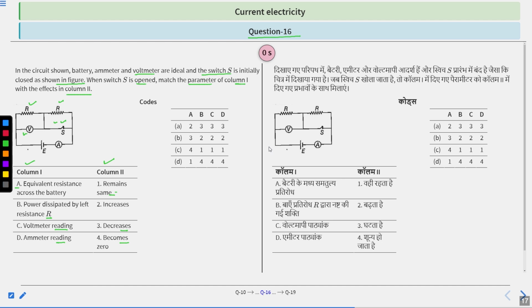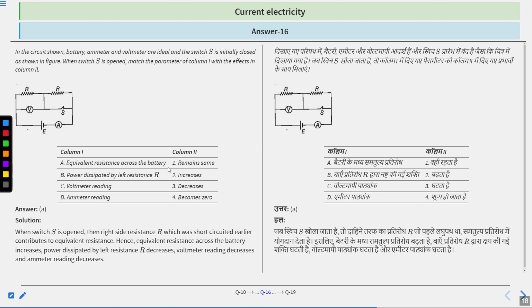Let's find a solution. When the switch S is open, the right side resistance, which was short circuited earlier, contributes to the equivalent resistance.